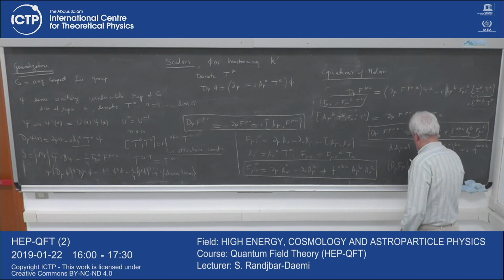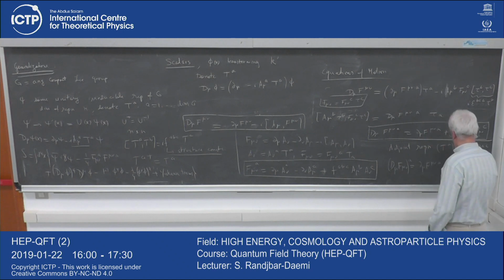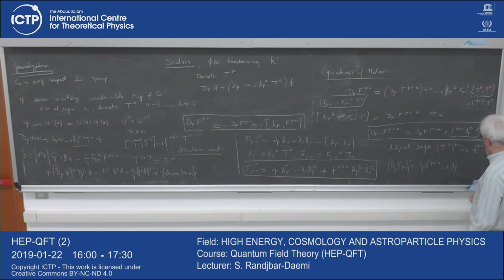If you want to construct the A component, it's d_mu F_{mu nu}^A minus I times A_mu^B (T^B)_{AC} F_{mu nu}^C.